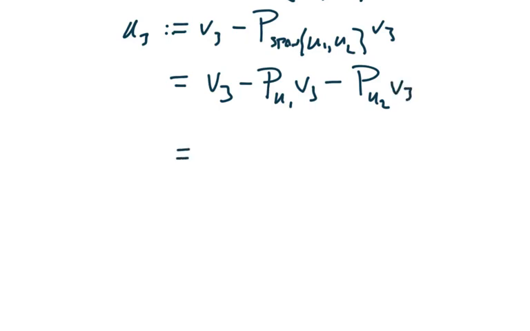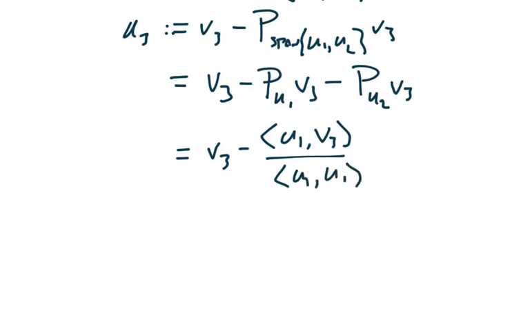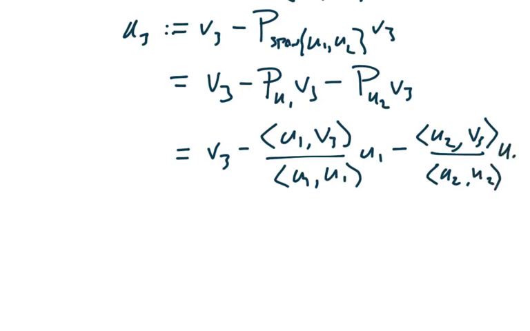And again, if you want to see explicit formulas for this, you know how to calculate projections because we've done it 100 times now. This is U1 inner product V3 over U1 inner product U1 in the direction of U1, minus U2 inner product V3 over U2 inner product U2 in the direction of U2.